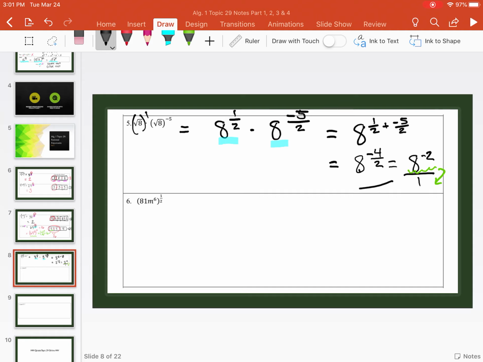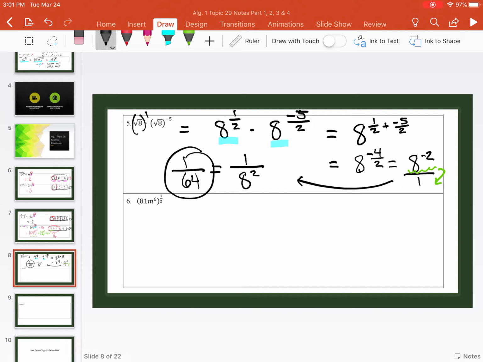So let's write this even further. I'm going to write this over here. So this is the same thing as 1 over 8 squared. Now what's 8 squared? What's 8 times 8? Well, that's the same thing as 64. So my answer here is 1/64.